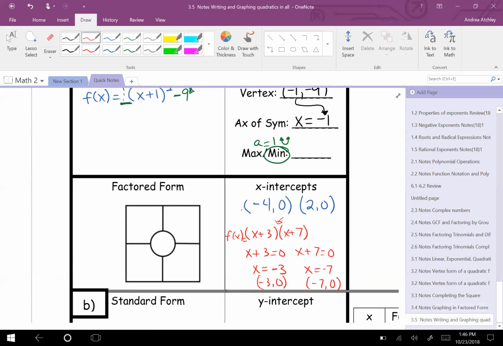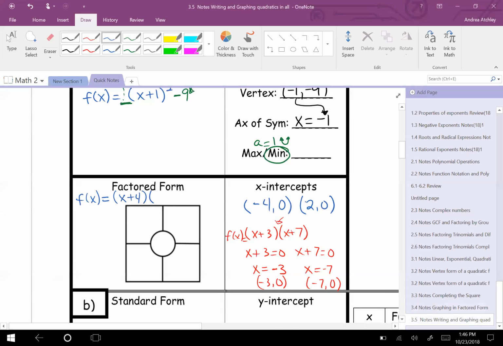Very good. So if you notice my x-intercepts here, if I put them in the parentheses with the x, I just change the sign. So that's what I'm going to do here. I'm going to have f of x equals, I can take that -4 and make it a +4.